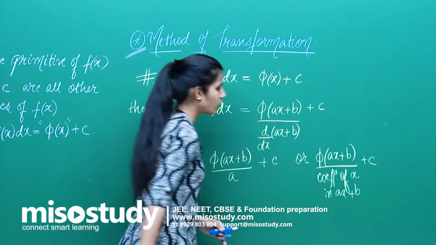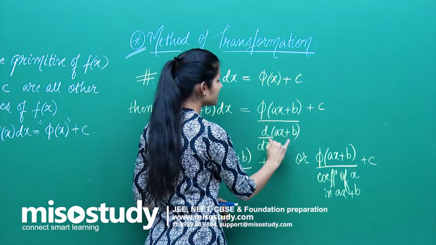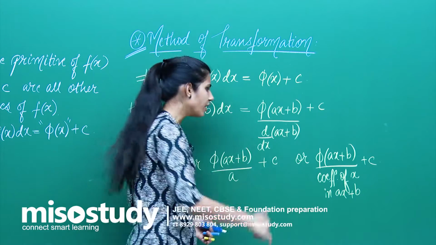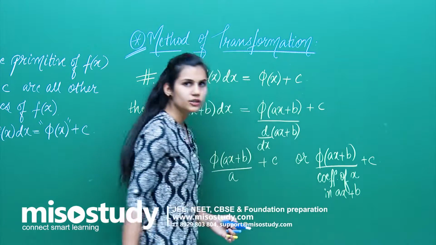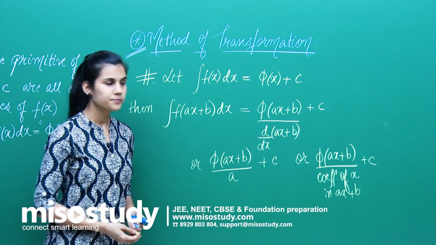What is the coefficient of x in ax plus b? It's a. So either I can say phi of ax plus b upon d by dx of ax plus b, or phi of ax plus b upon the coefficient of x in ax plus b, or directly phi of ax plus b upon a.